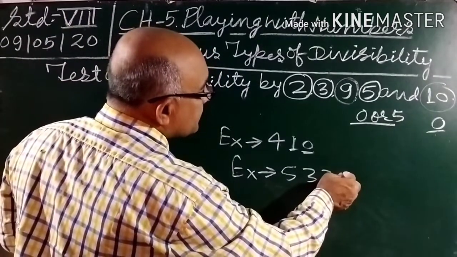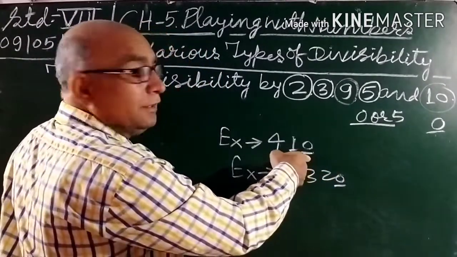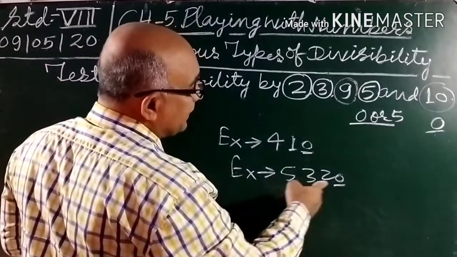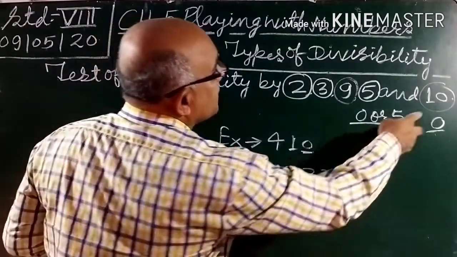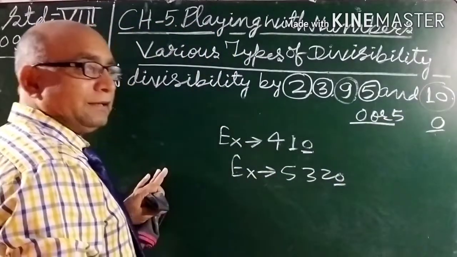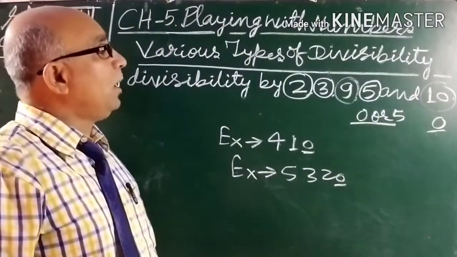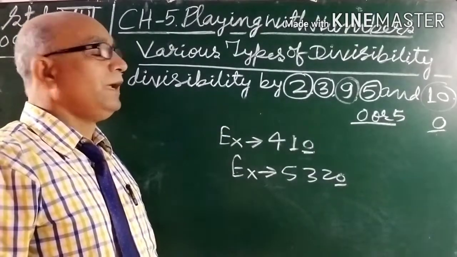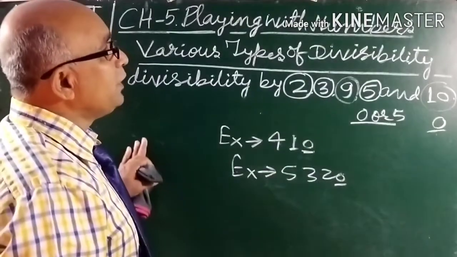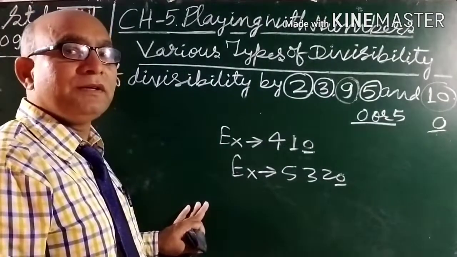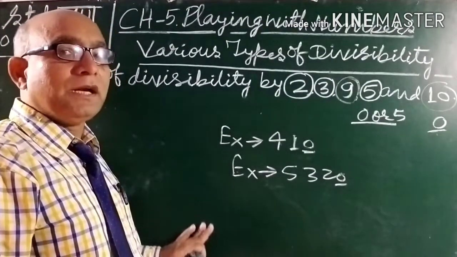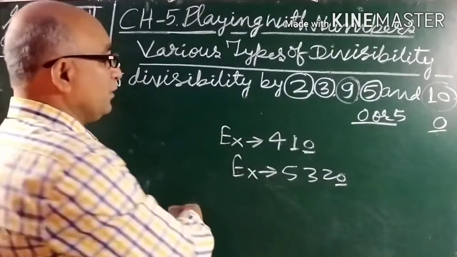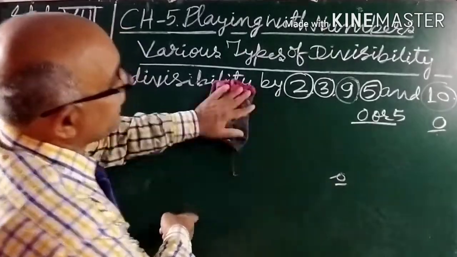So 5320 is exactly divisible by 10. The test of divisibility by 10: a given number is divisible by 10 if its unit digit is 0. Right?